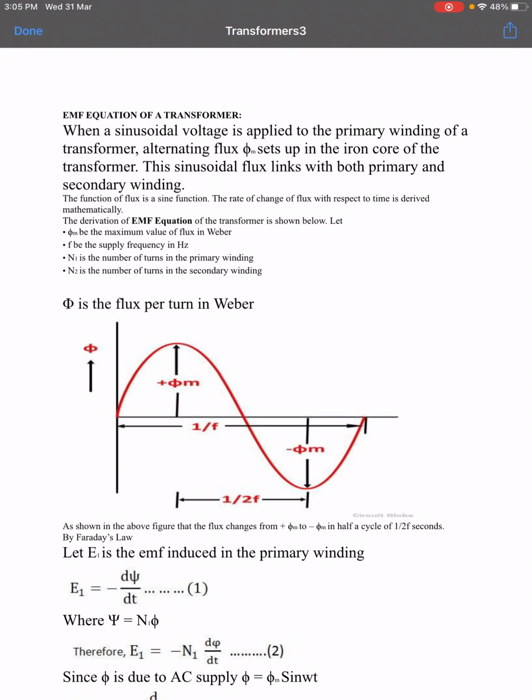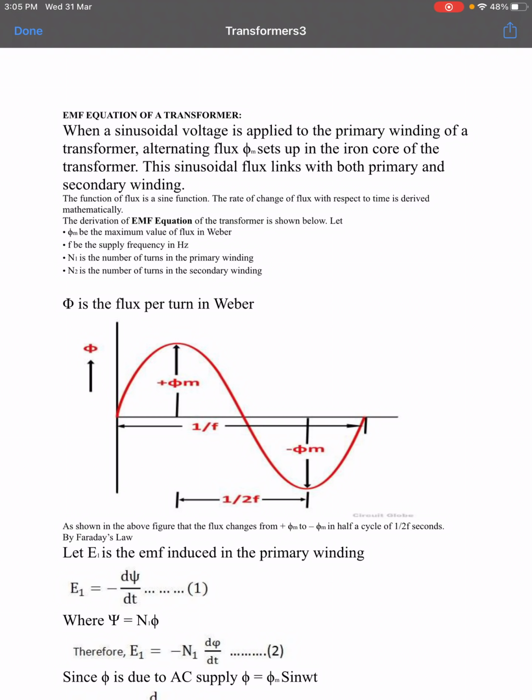So from Faraday's law, when the flux links with the conductor or coil, an EMF is induced in that coil or conductor. Here E1 is the EMF induced in the primary winding.